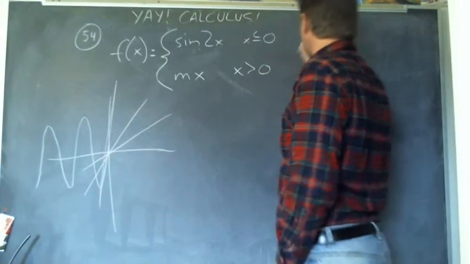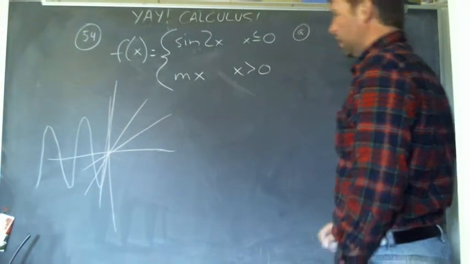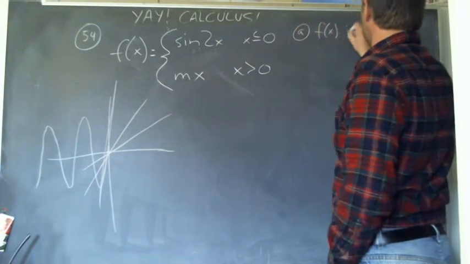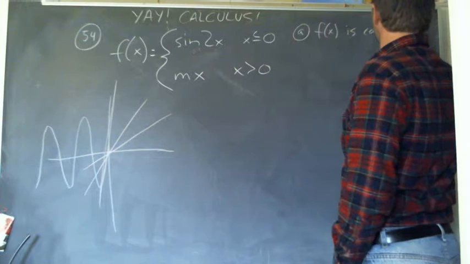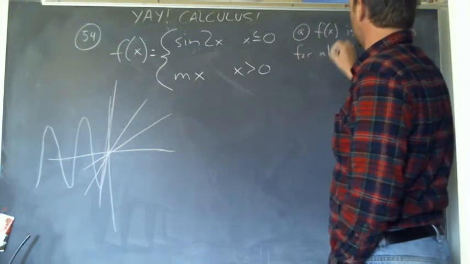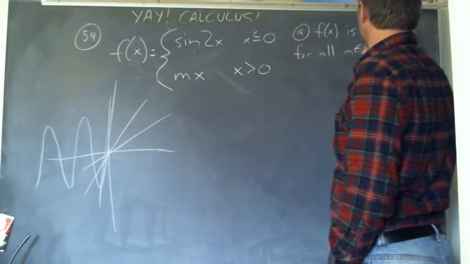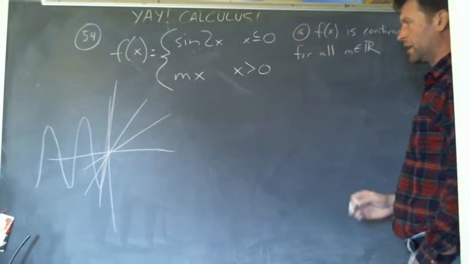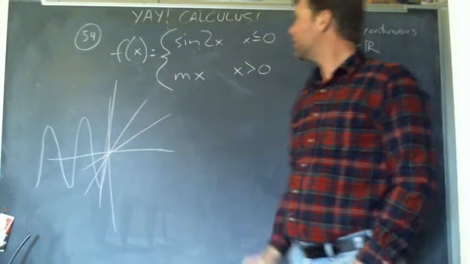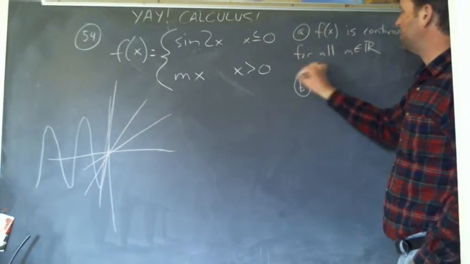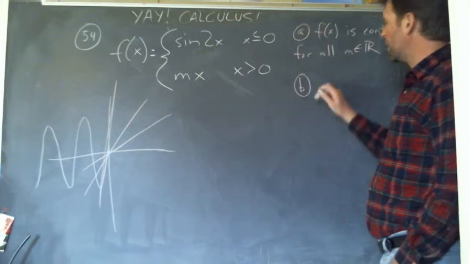So in terms of continuity, for A, f of x is continuous for all m in the real numbers. There's nothing we can't do there because they all go through the origin, and that will work out just fine. In terms of B, differentiability, we want to be differentiable.